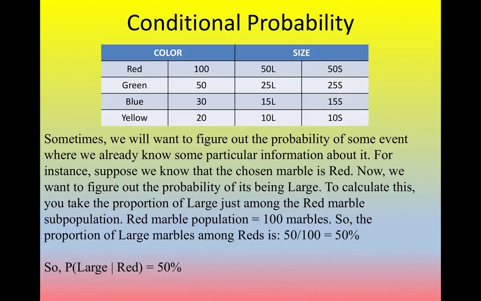Conditional probabilities are used when we want to know the probability of some event when some other event is known or assumed to be true. For instance, the probability of breaking your leg is 1 in 500, or 0.2%.